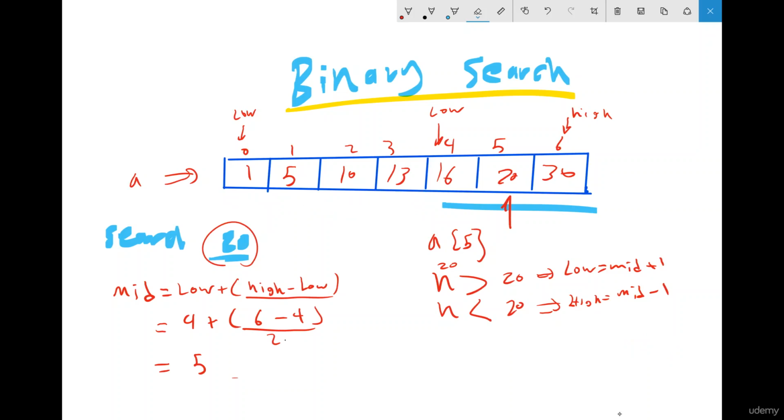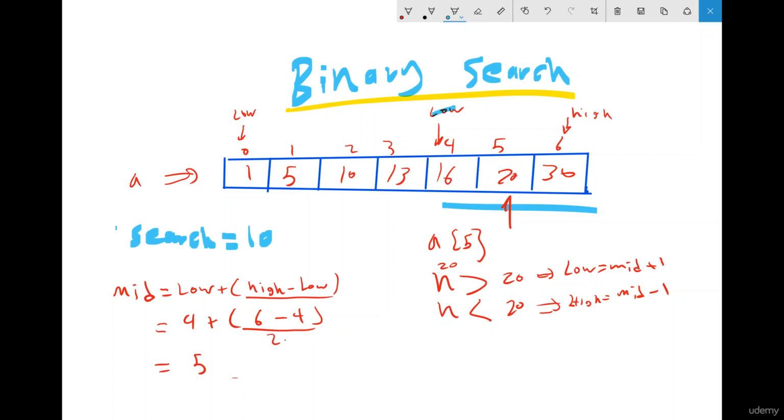Let me take another number to make you understand how this works in a different scenario. Let's suppose you are looking for the number 10.